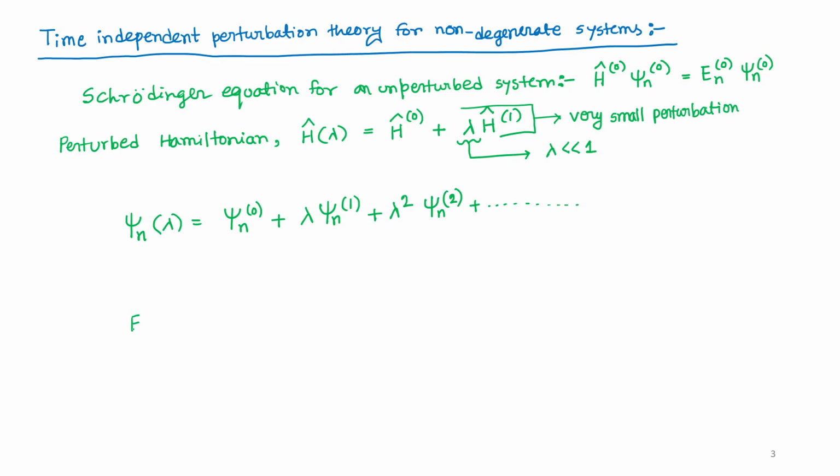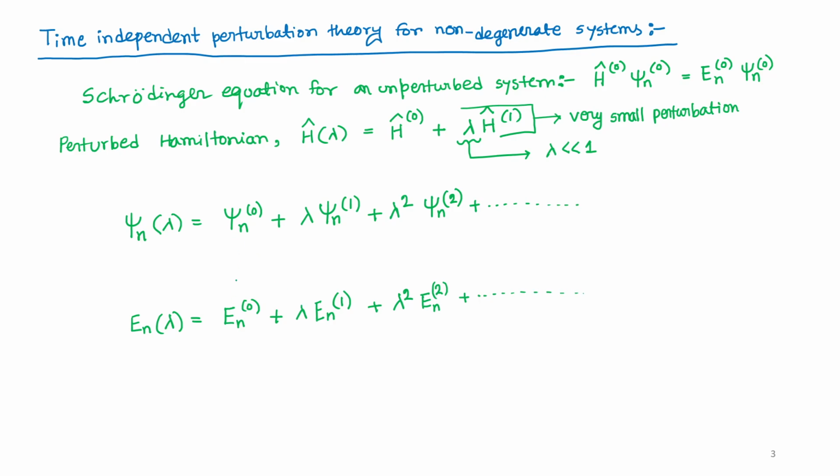In energy, how will we write the energy? Energy we will write as En zeroth plus lambda En first, then lambda square En second order, and so on. Oh, I made a mistake, sorry. So what are these?